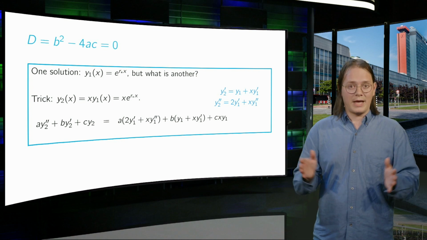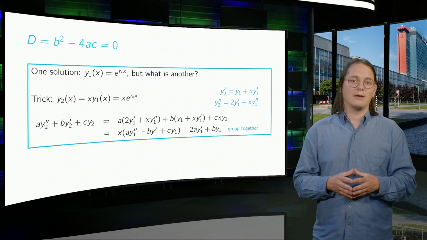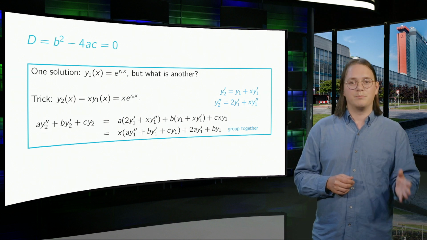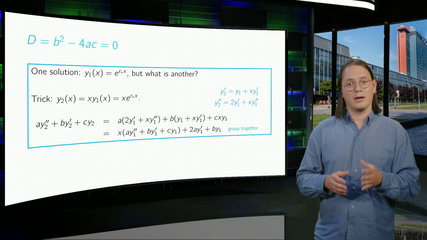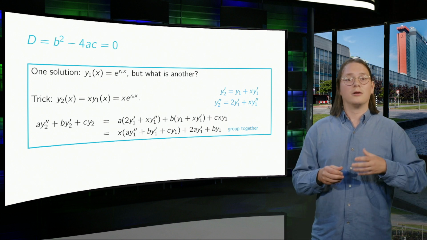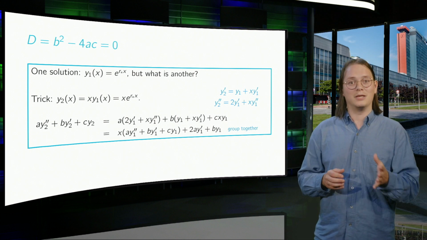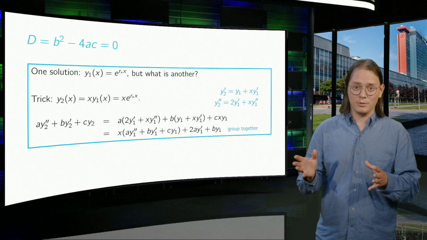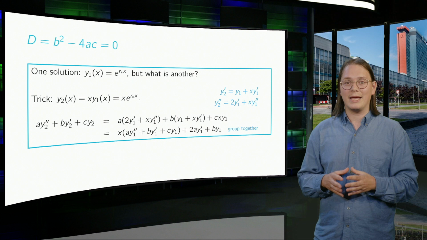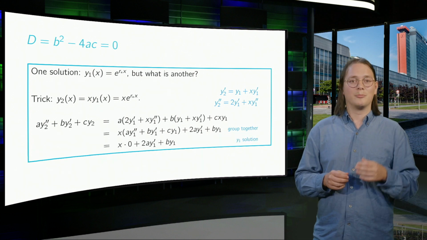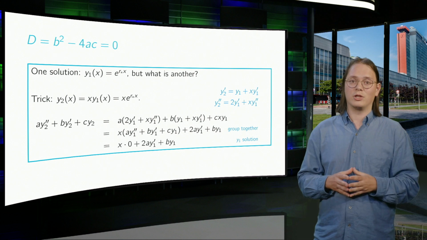Grouping the terms with x together, we get x times a y1 double prime plus b y1 prime plus c y1, and the remaining terms then are plus 2a y1 prime plus b y1, which equals x times 0 plus 2a y1 prime plus b y1, since y1 is a solution of our differential equation.